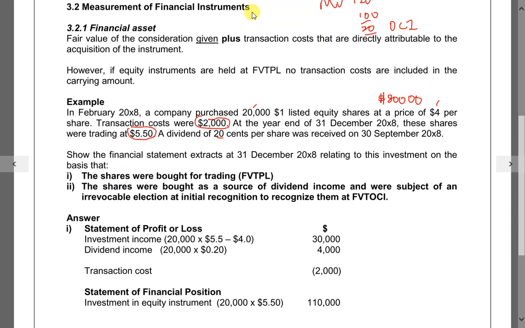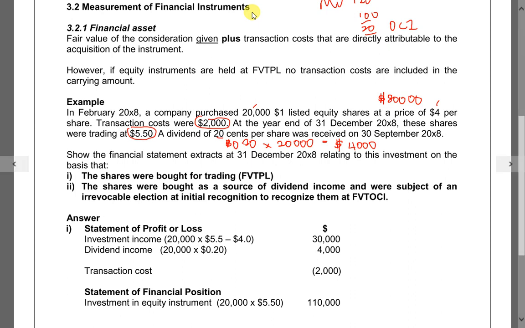What is your total dividend when you receive 20 cents? One share 20 cents. So your dividend is 4,000. So dividend confirm 4,000 income. No issue.